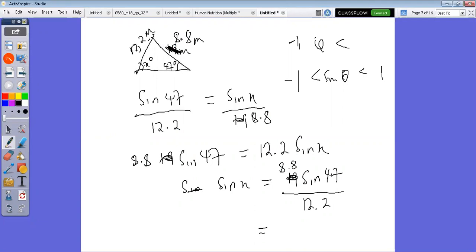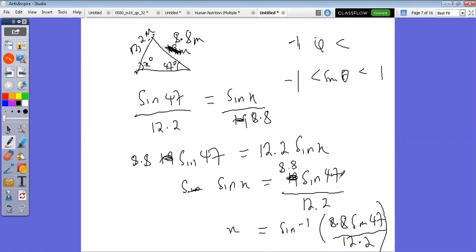If you are using a Casio, you can simply say x is equal to arc sine of all this. But an old Sharp calculator cannot do this. That's what I wanted to mention: 8.8 sine 47 divided by 12.2.